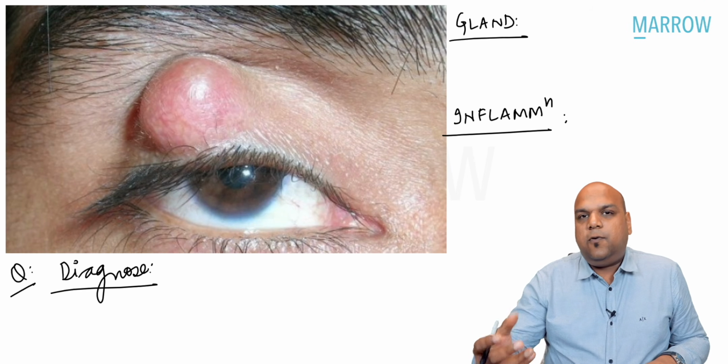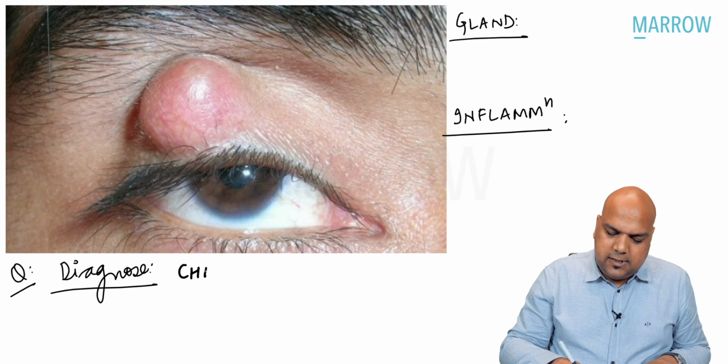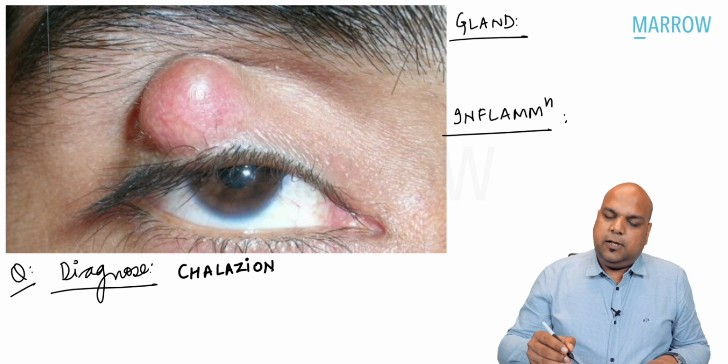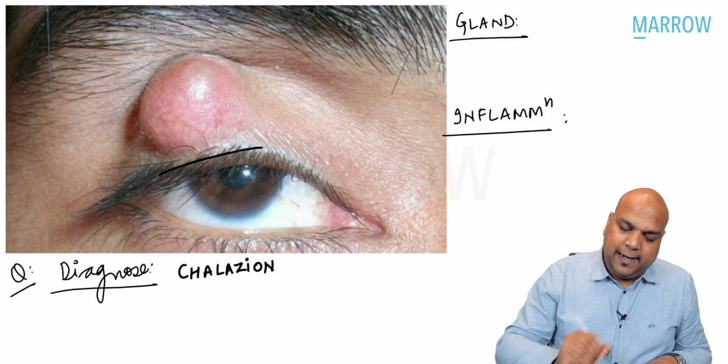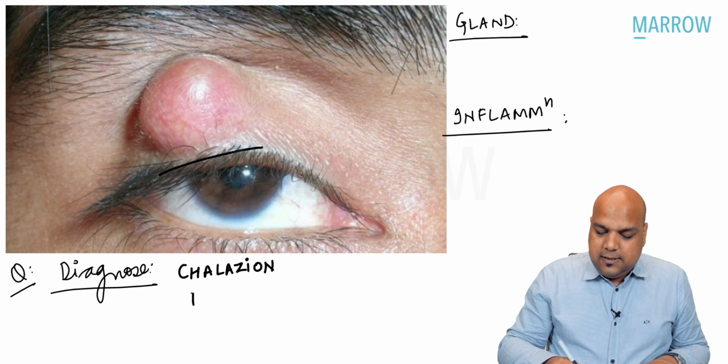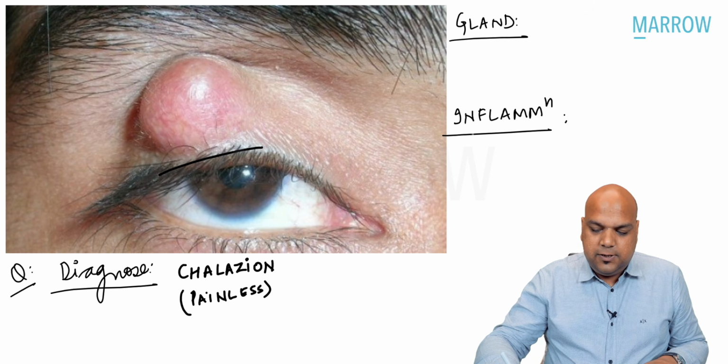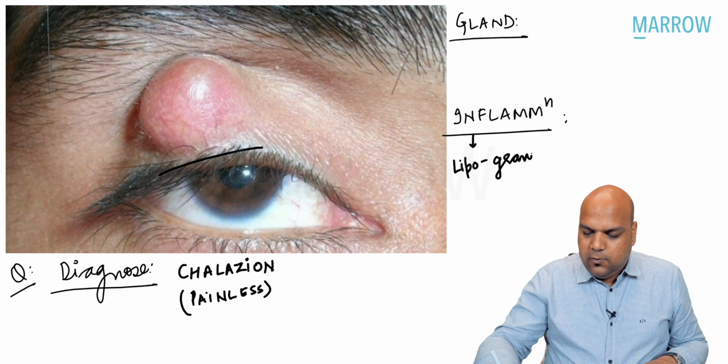Okay, I think one of the easiest photographs now. This is a nodule formed in the upper eyelid. The diagnosis is chalazion. All of us know that chalazion does not affect the eyelid margin. Yes, it is a painless condition. Why is it painless? Because it is a chronic inflammation. Which type of inflammation? We like to call it lipogranulomatous.